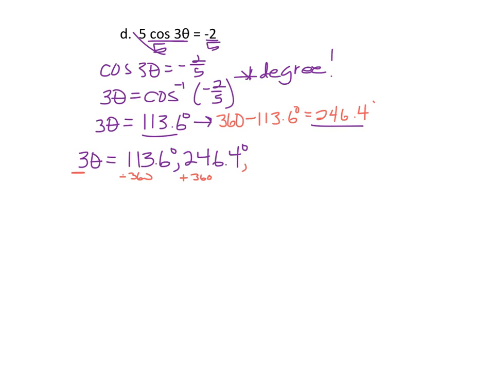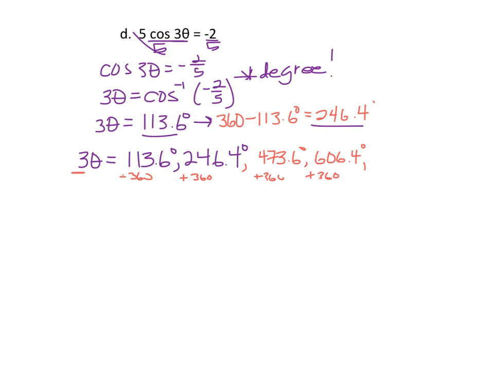So we have to have 6 total answers in this row. Oh boy. If we take 113.6 and add 360 to that, we're going to get 473.6. And if we take 246.4 and add 360, we'll get 606.4 degrees. And now I have to add 360 to both of those for one more set of coterminal values.